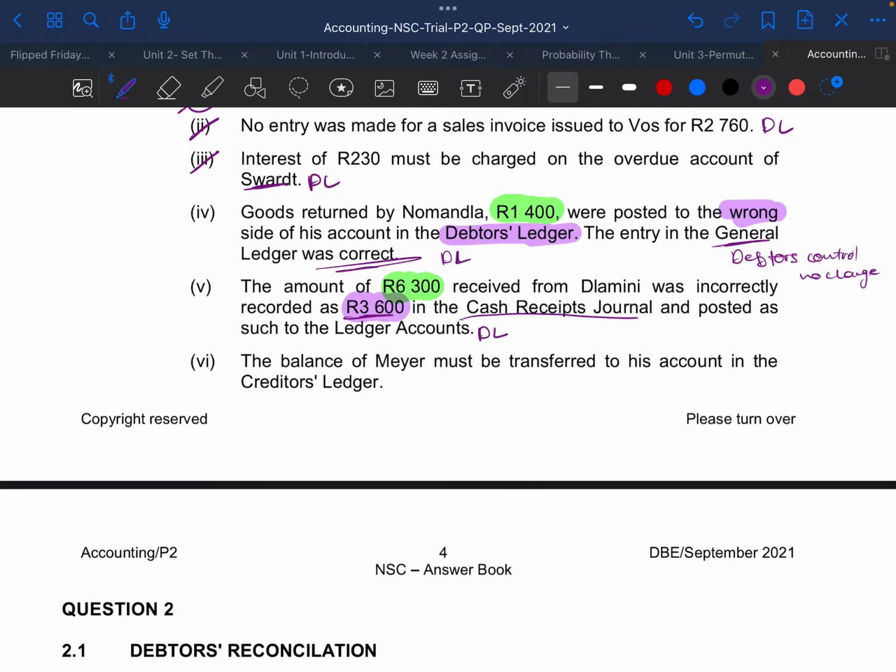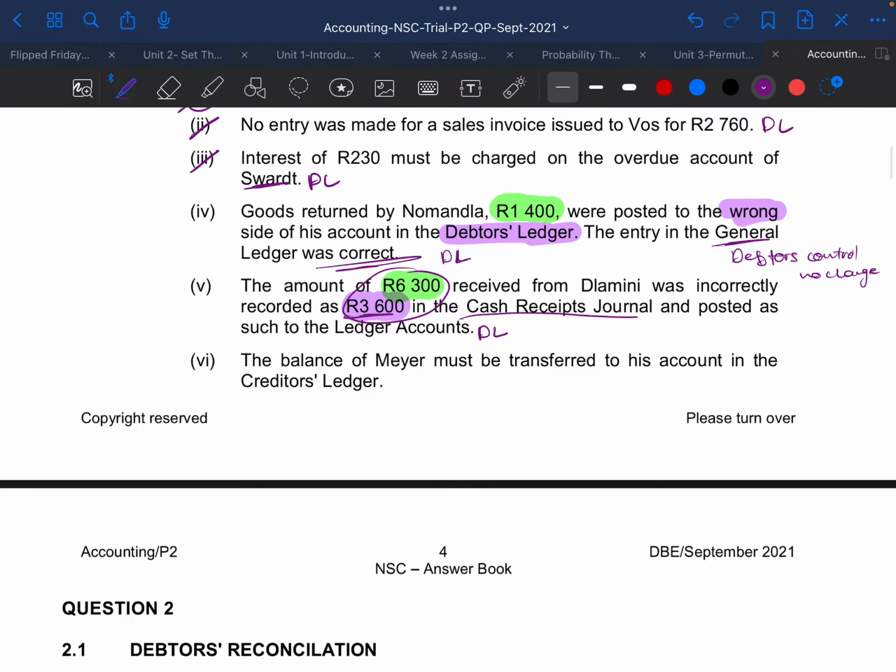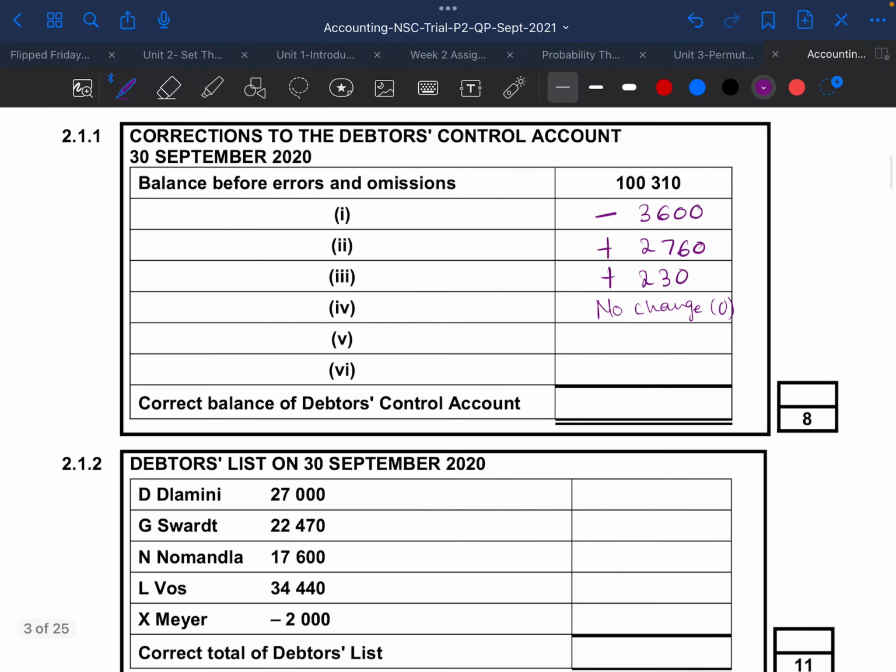So we're supposed to reduce their debt by what? By the difference between these two amounts. So it's 6,300 minus 3,600. So 6,300 minus 3,600, the difference is 2,700. So we are supposed to reduce the debt by 2,700 there.